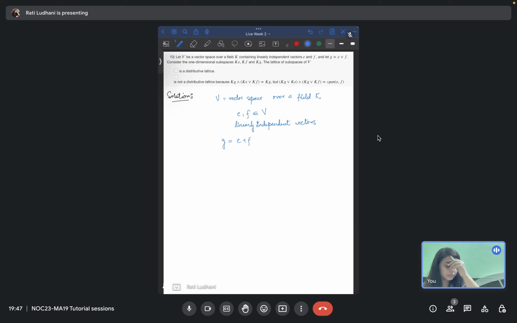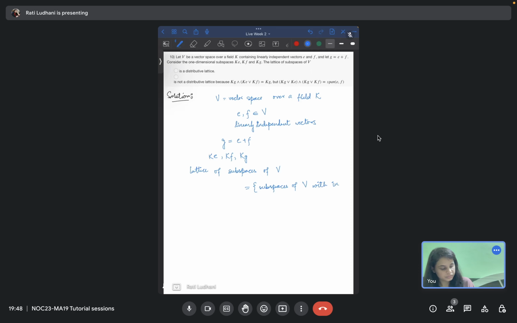Now consider the one-dimensional subspaces KE, KF and KG, and consider the lattice of subspaces of V. The lattice of subspaces of V is just the subspaces of V with inclusion.